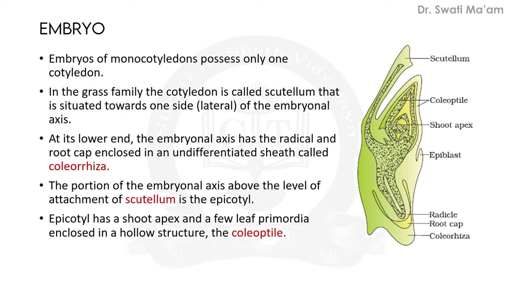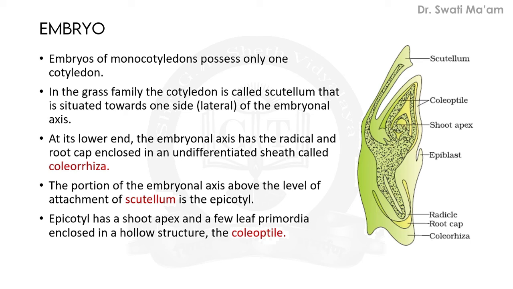At the lower end of the embryonal axis, there is a radicle and root cap here also. This lower end of the embryonal axis has the radicle and root cap, which are enclosed in an undifferentiated sheath known as the coleorhiza.